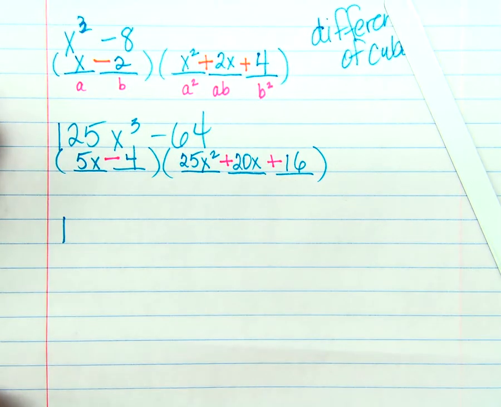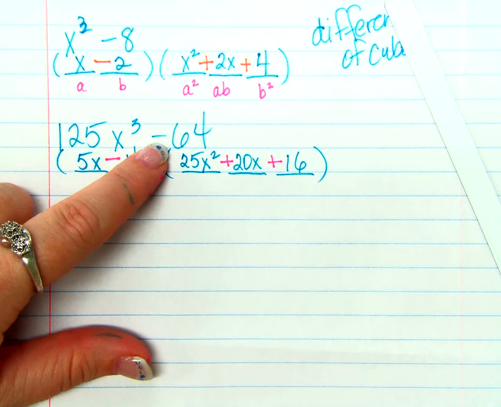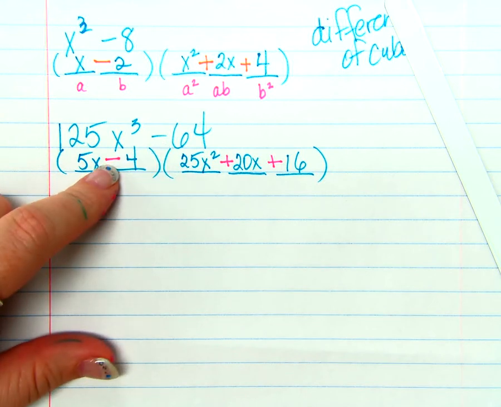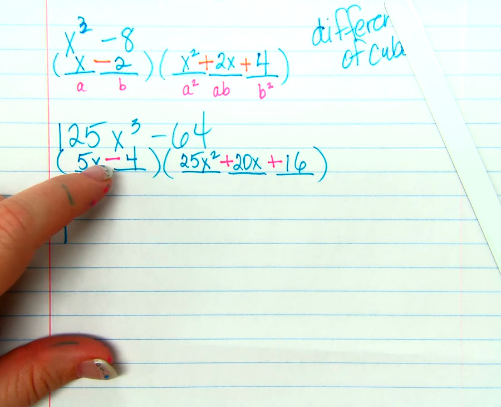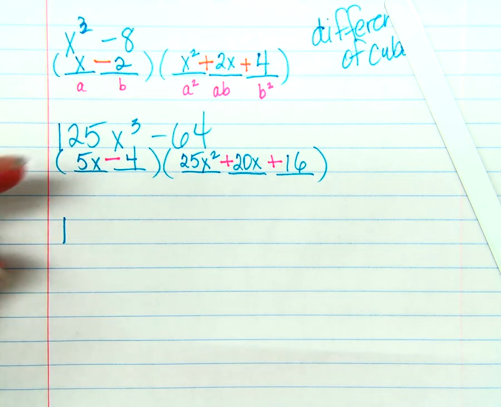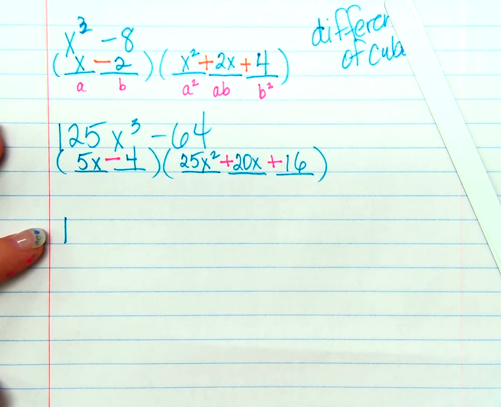I don't know what you mean. I'm sorry. Whatever's in the problem, that goes in the binomial. That's a good question. Can I look it up in a minute? Okay. Thank you.